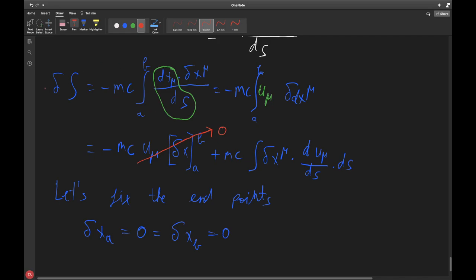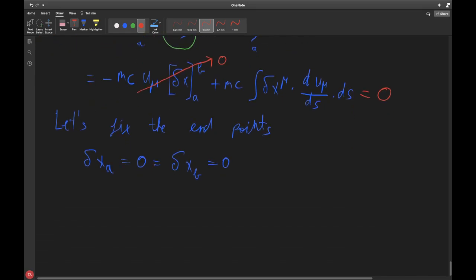And then the principle of least action says that this delta S is 0. That means that this whole thing is going to be 0 if we apply the principle of least action. And that's what we want to do, to find the four-momentum.